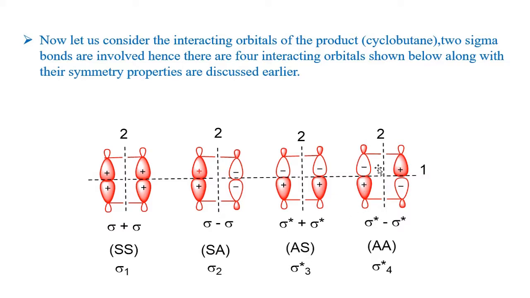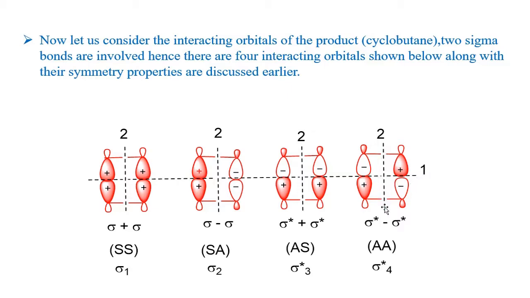And so in the last case, it is subtraction combination of sigma star or anti-bonding molecular orbitals, plus minus, so it is subtraction. If we place a horizontal plane here, you can see this half is not identical to this half, so it is anti-symmetric with respect to horizontal plane.